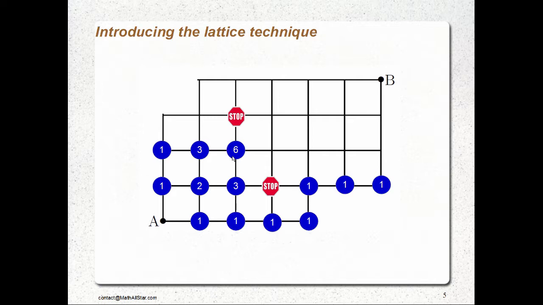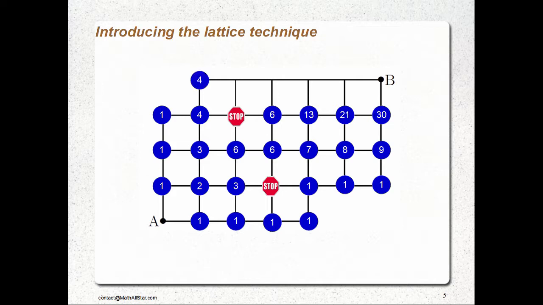This is simply because of the addition principle. There are 2 different cases that can lead to a point, from the left or from below. Therefore, by the addition principle, the total number of ways is their sum. Then we can just simply fill out all the grid till the final destination, the point B. So how to deal with a blockage?